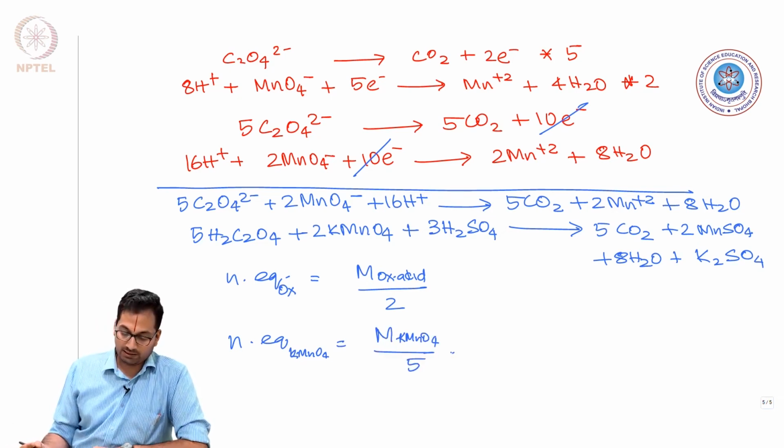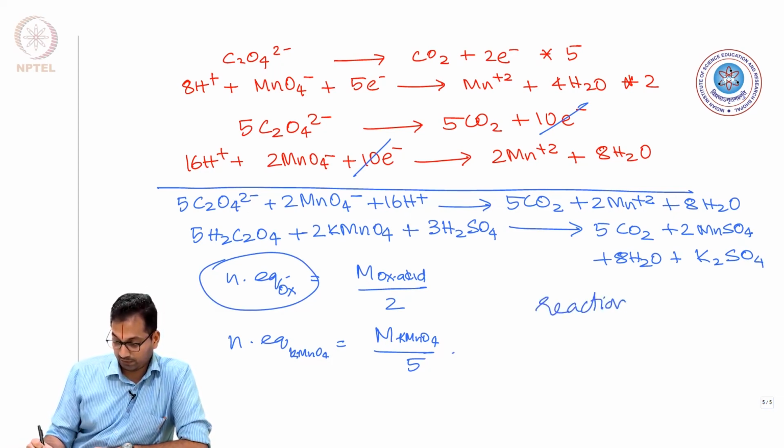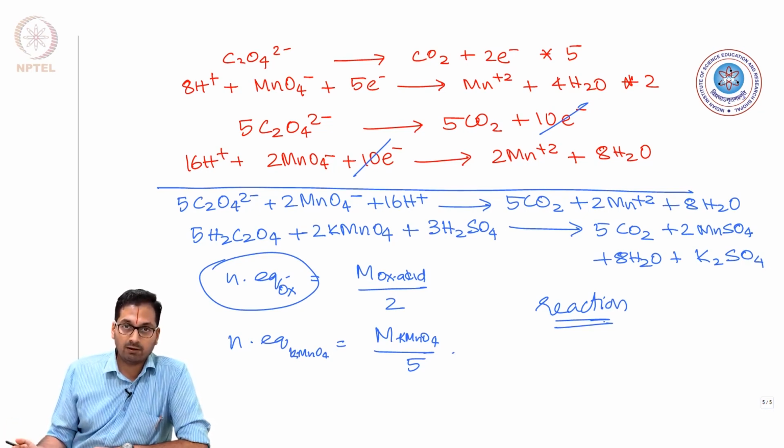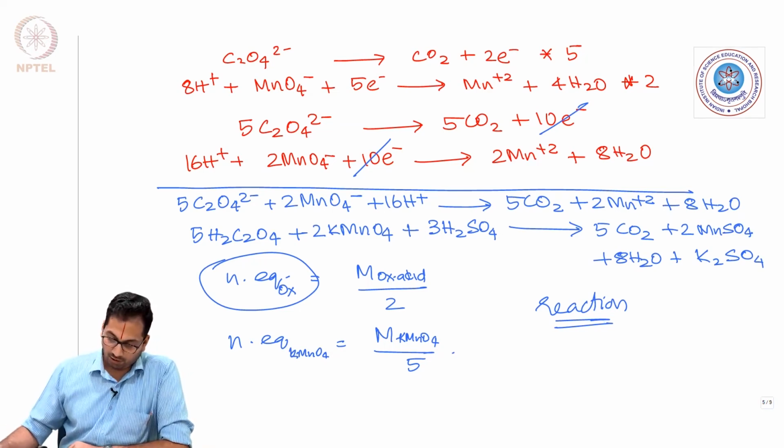So this helps you understand that the concept of equivalence is dependent upon the reaction that you are putting the chemical through. Without understanding what reaction you are going to be using the chemical for, you cannot define the number of equivalents. So far we have seen examples of number of equivalents determined for a neutralization and a redox reaction.